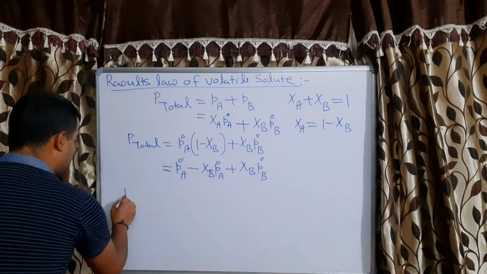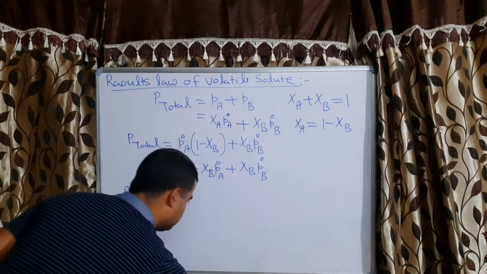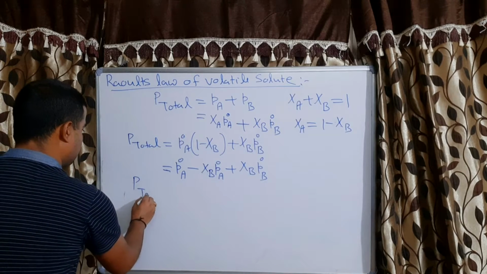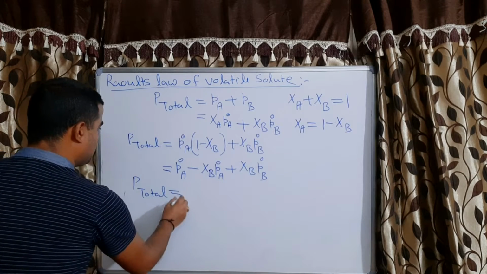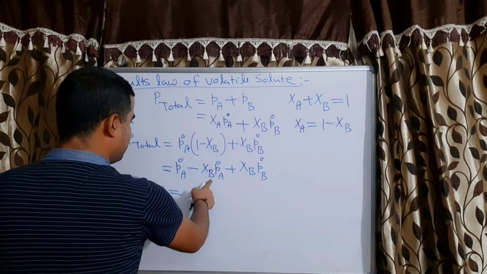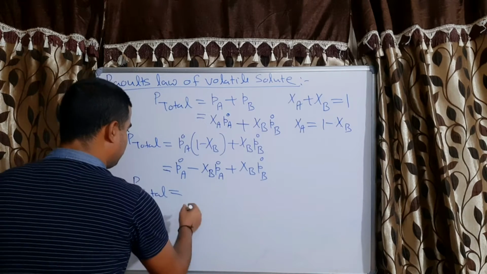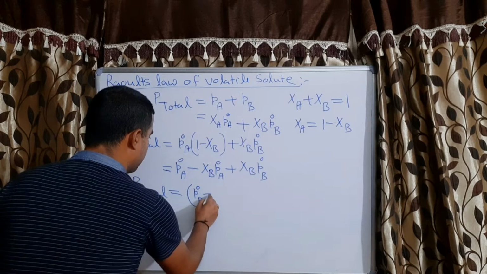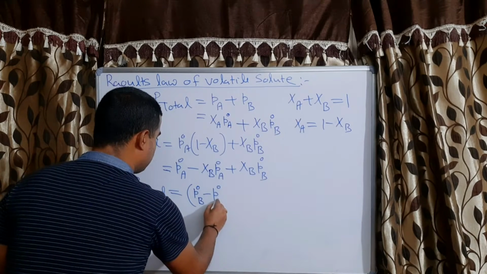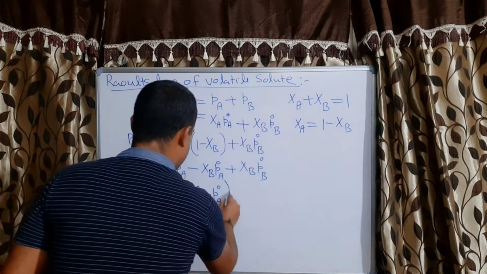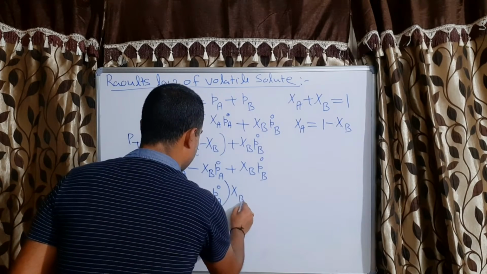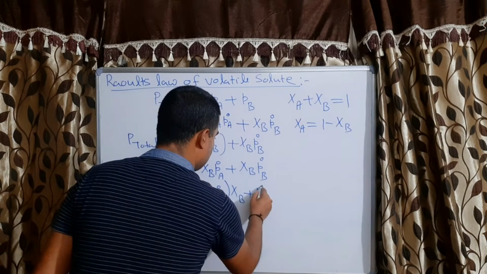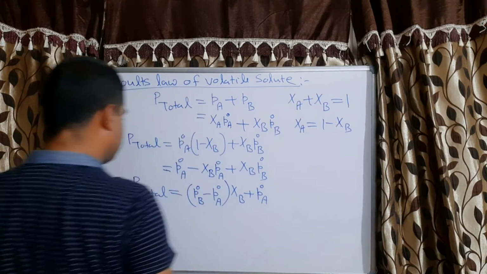So P total will be equal to, XB we take common, then P naught B minus P naught A, XB, plus P naught A. Correct?